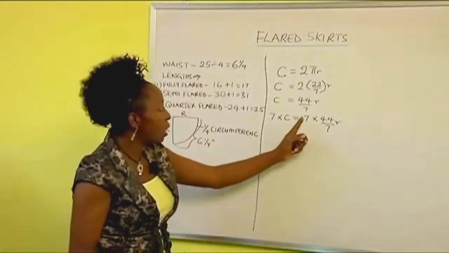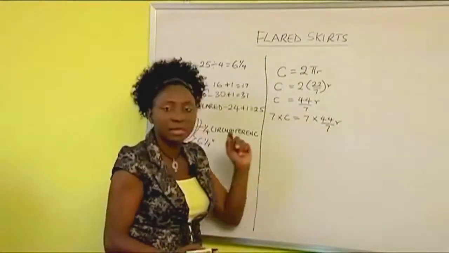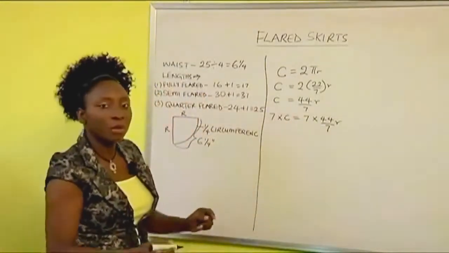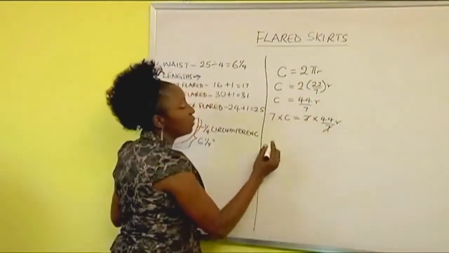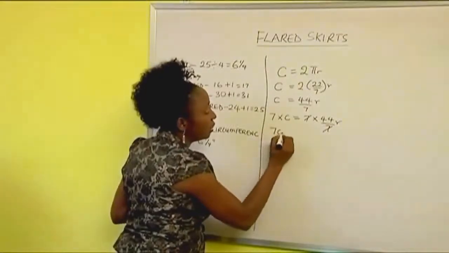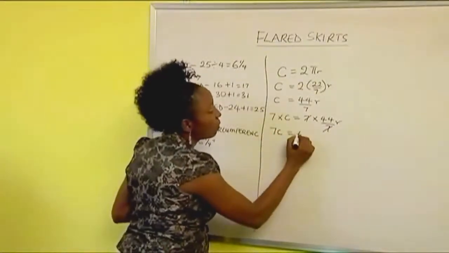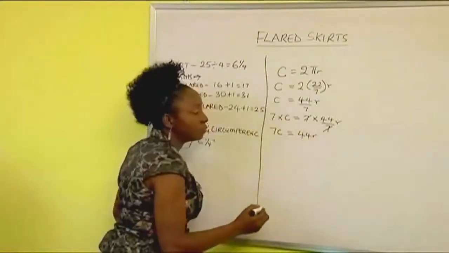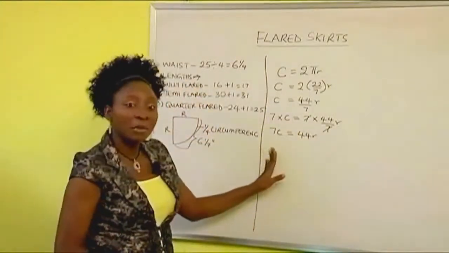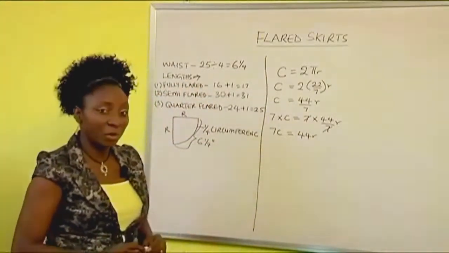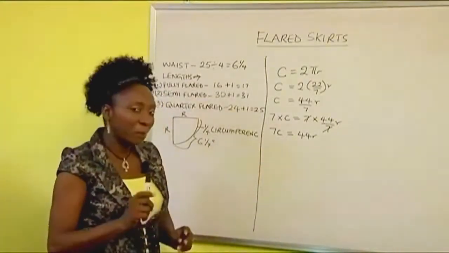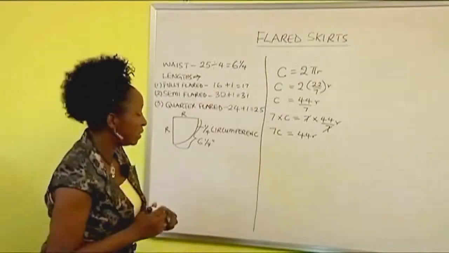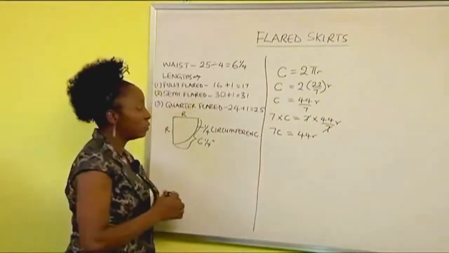In mathematics, once you have this, 7 will cross 7 out, so you cross those out. What you're left with is 7C equals 44r. So you can see that we're very close to making r the subject of the formula. So I'm going to take this and divide both sides by 44. Very clever. That's why mathematics is very good for life.